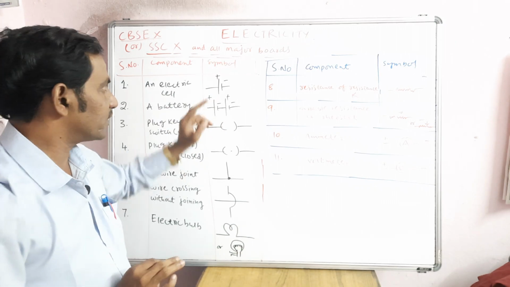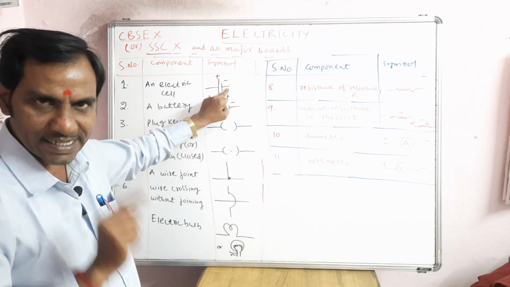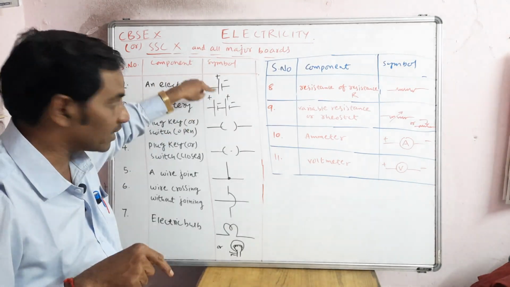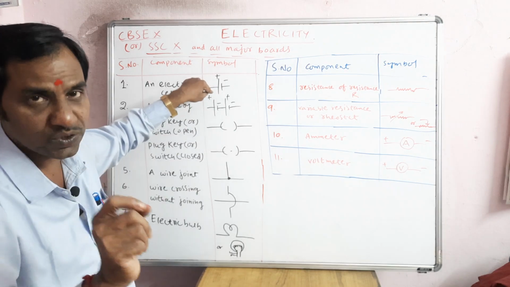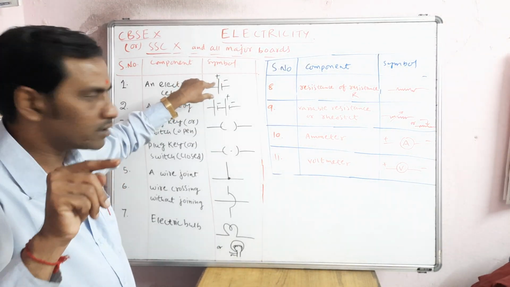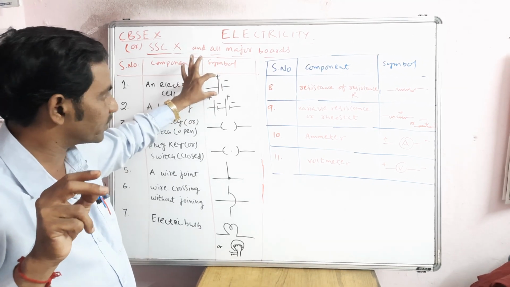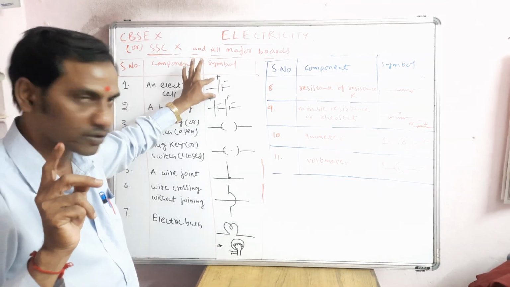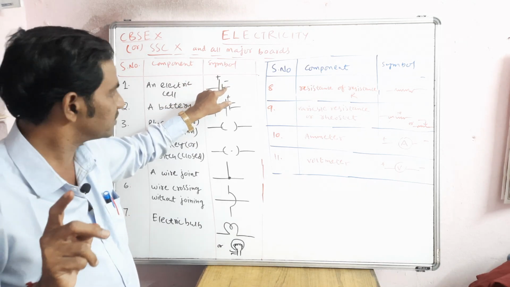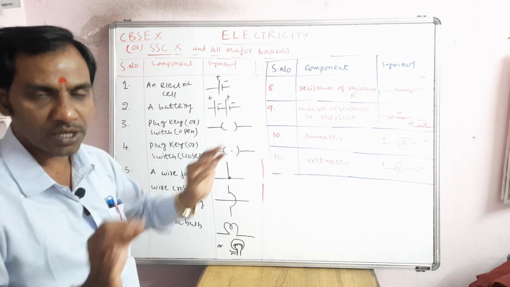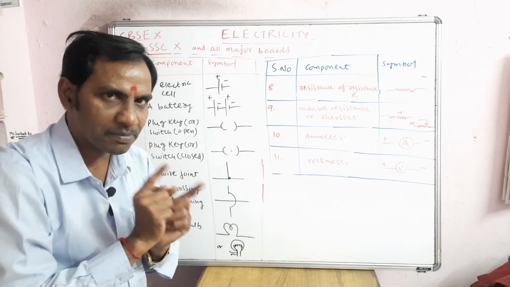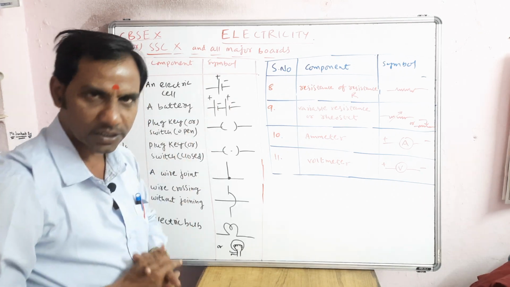We draw horizontal lines, and in the middle you break that horizontal line and draw one larger vertical line, which indicates positive, and one smaller vertical line, a little smaller than the previous one, which indicates negative. So a battery has two terminals, positive and negative.